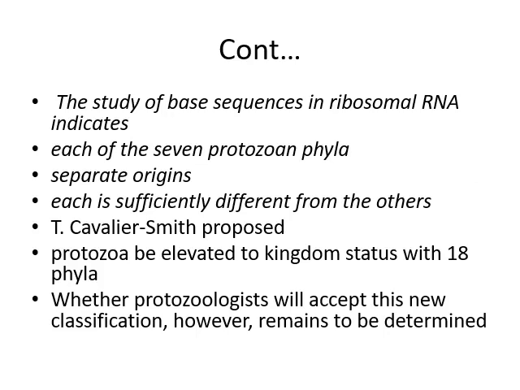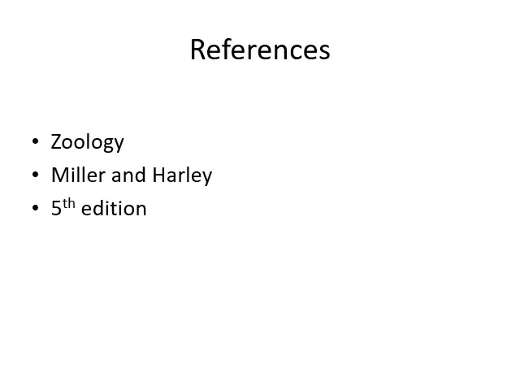The study of base sequences in ribosomal RNA indicates that each of 7 protozoan phyla originated separately, and there must be 18 phyla. Protozoa should be elevated to kingdom status with 18 phyla. Whether protozoologists will accept this new classification or not, it is a fact.